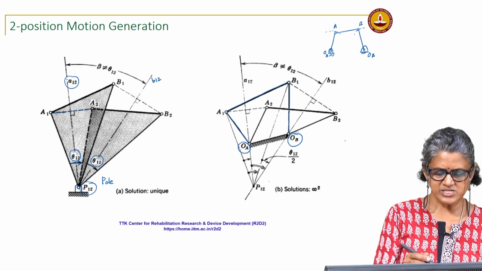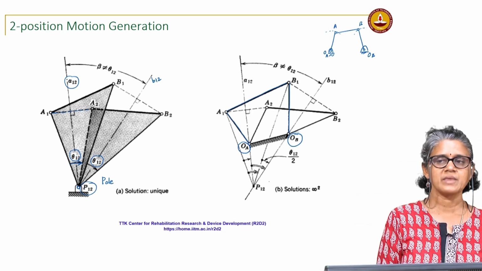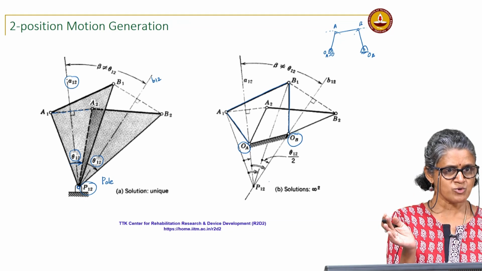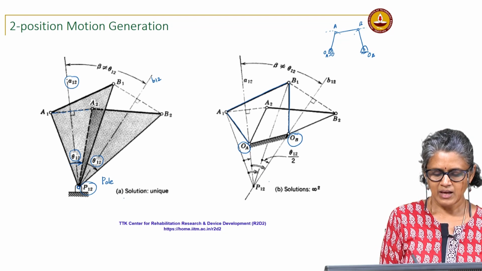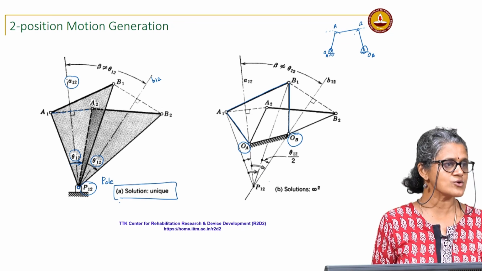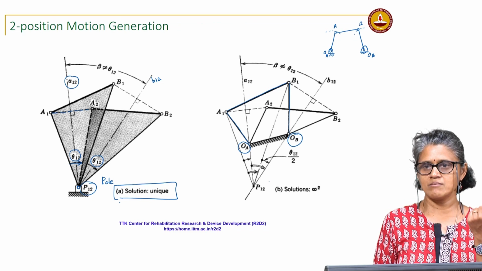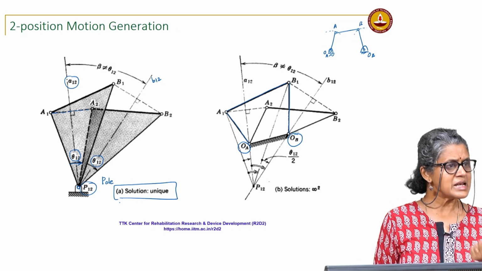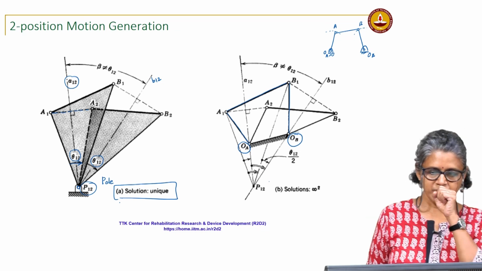So, when I pick the pole as my solution for achieving this movement, then I only have a unique solution, because there is only one pole for the 2 positions. So, it is very limiting in that sense.